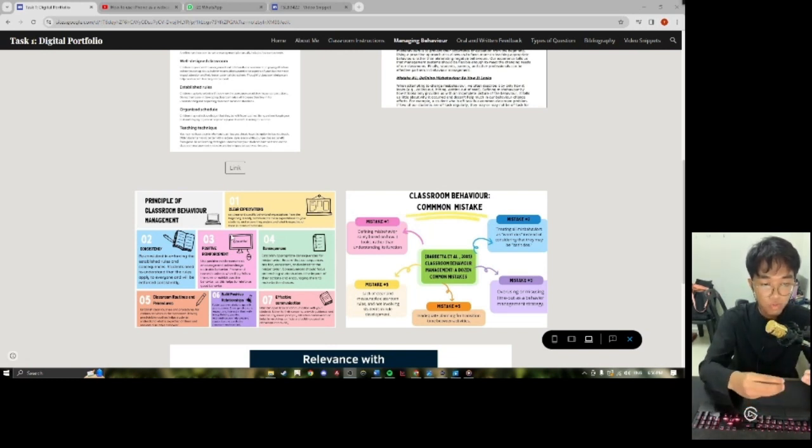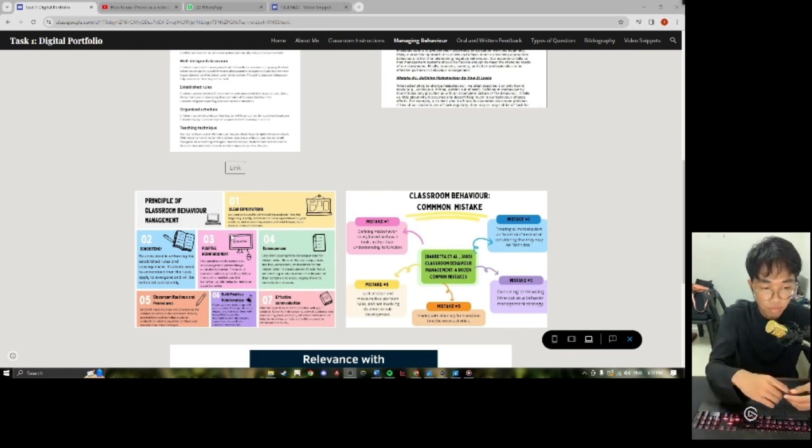First, you set a very clear expectation, and that expectation must be met with the right consistency, which is the second principle. We need to be consistent in enforcing the expectation, and I guess consistency is a principle that needs to be applied in every principle of classroom behavior management, because we also need to be consistent in reinforcing positive acknowledgement.